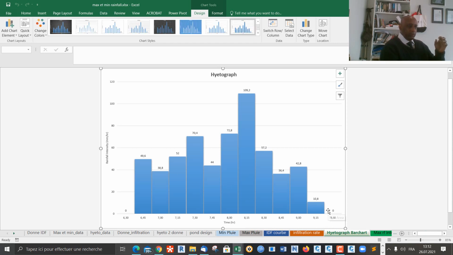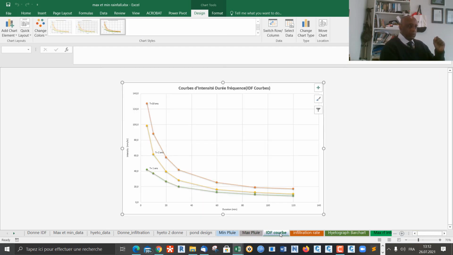That is how you get the graph cuts like this one. The part above is the runoff, and the one below the curve is the infiltrated water. And this one is the curve I developed for intensity, duration, frequency.